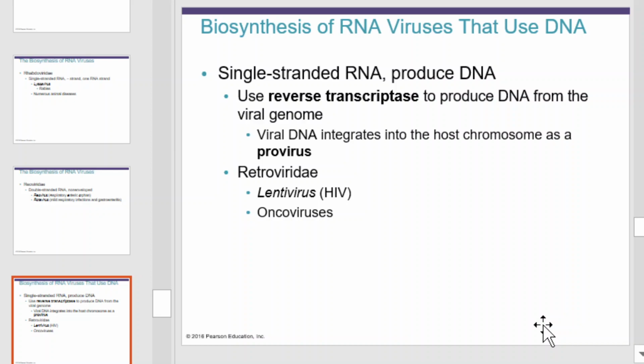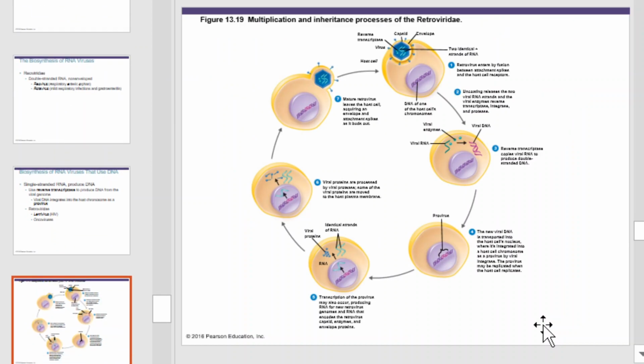Single-stranded RNA viruses that produce DNA use reverse transcriptase to produce DNA from a viral genome. Viral DNA can integrate into the host chromosome as a provirus. Retroviridae, or lentivirus, like HIV and oncoviruses, do this. This is a picture illustrating the action of retroviridae.